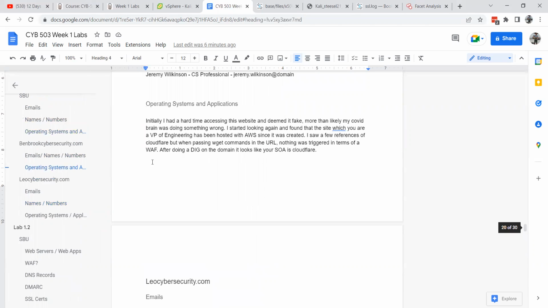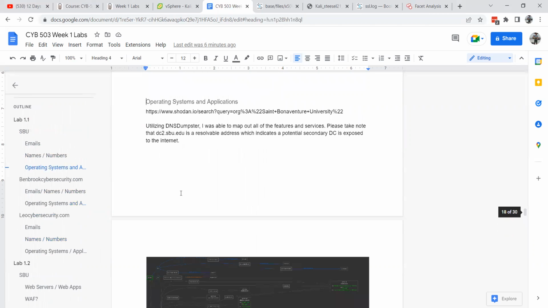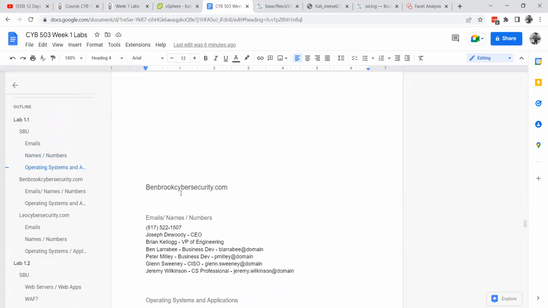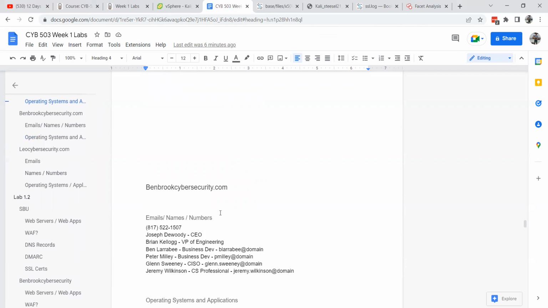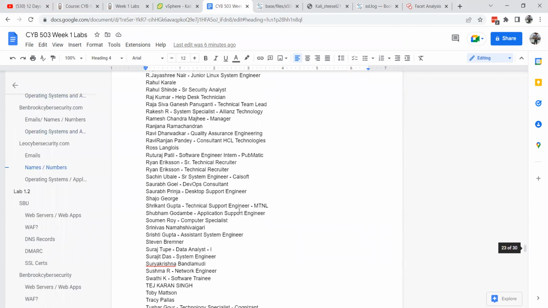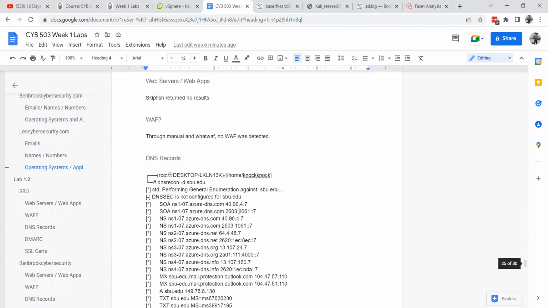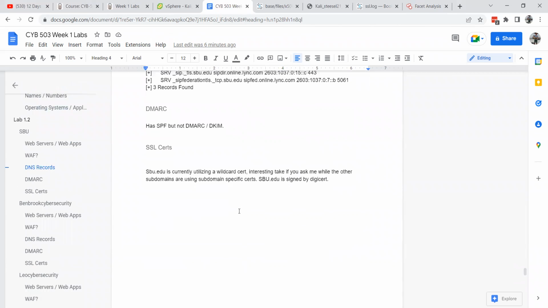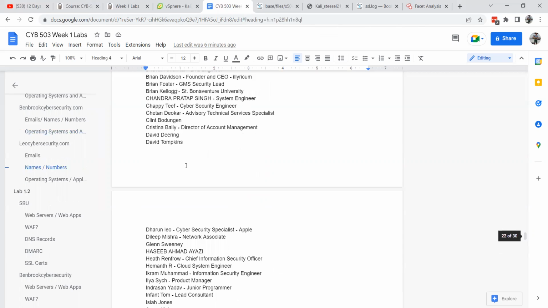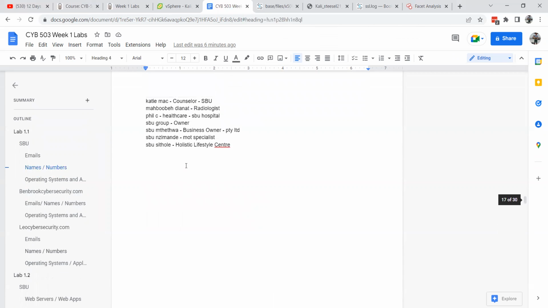That's one thing I forgot to touch on. Let's see here. I thought I put application somewhere. Where is it? So I used Skipfish.